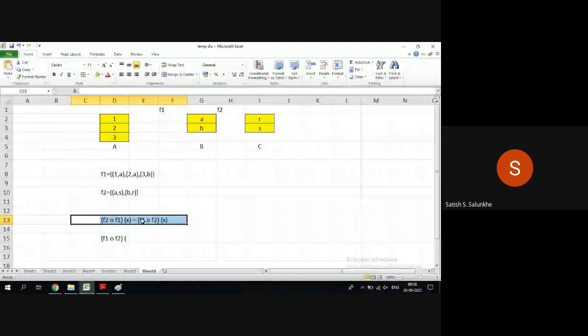Therefore, what is the lesson from this? That the composition operation of a function is not commutative.